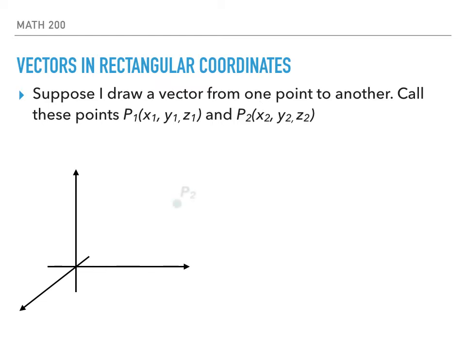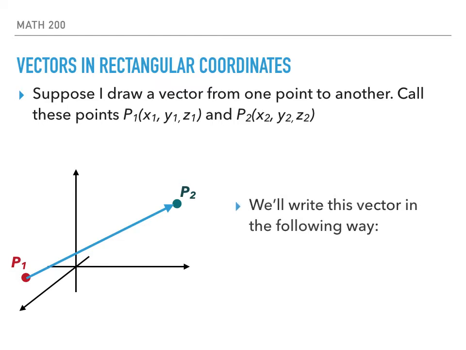So say I take these two points, P1 and P2, and I draw a vector between them. I'm going to write that vector out in the following way. So a vector has a length and a direction. And so what it tells you is displacement.